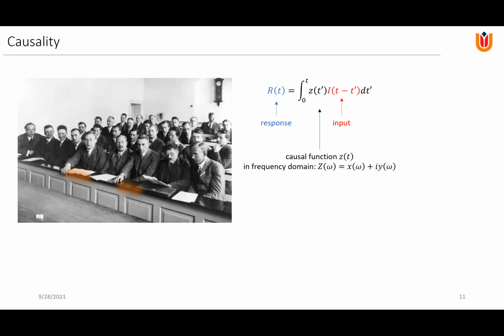Then we can continue. That function z is the function that ties it all together. It is the function that translates the input to the response. It is then called a causal function because... Please, maybe you can make a drawing to make it more visual.